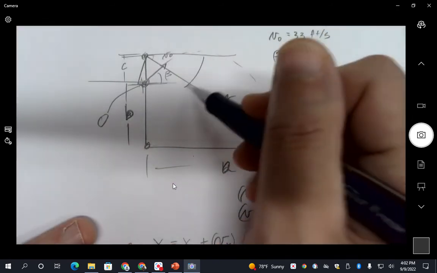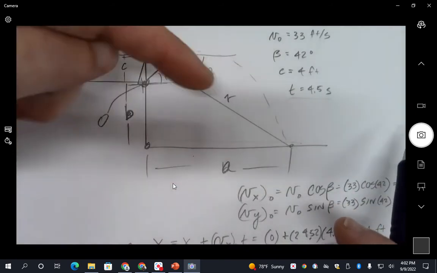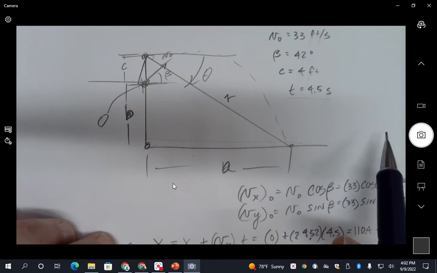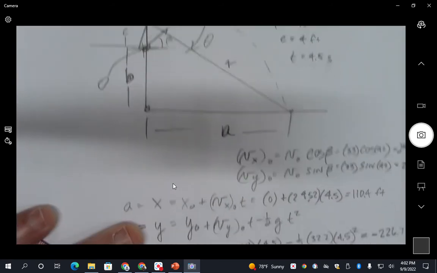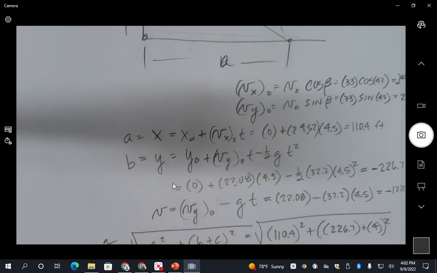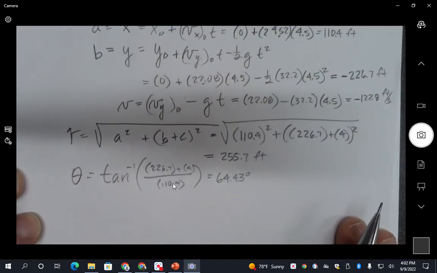I know I want to get that angle right there, so I know it's going to be in the fourth quadrant. So I don't need positives and negatives within my inverse tangent, because I already know what quadrant it's going to be, so I don't need the calculator to tell me. A lot of times it'll give me an angle that's greater than 90 degrees, and I'm like, oh no, I have to figure that out. So I just go about it systematically.